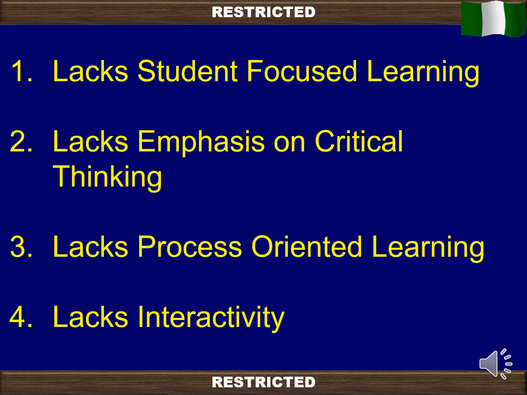Traditional classroom training does not encourage critical thinking. Rather, teachers are seen as knowledge dispensers, and students as repositories in the classroom. The next one is lack of goal oriented learning. Students are not encouraged to understand the methods, techniques, skills required for answering questions.